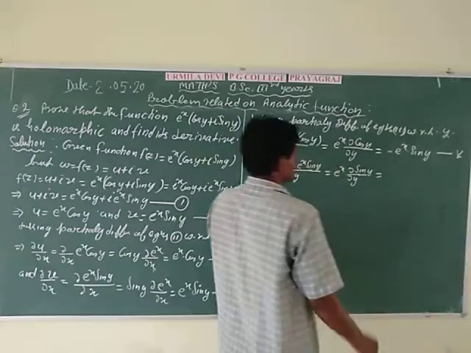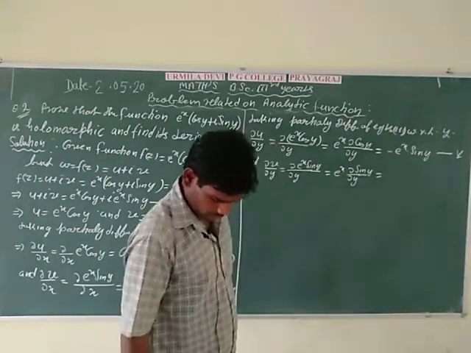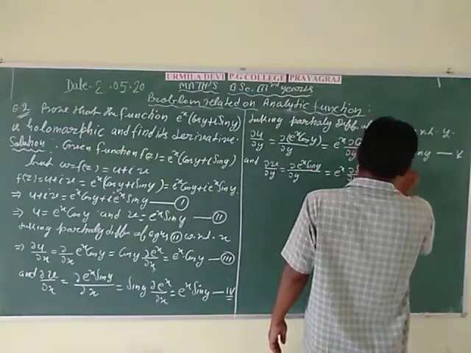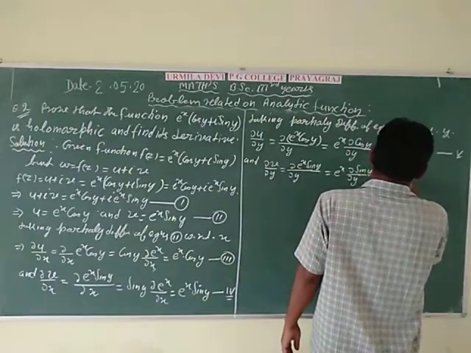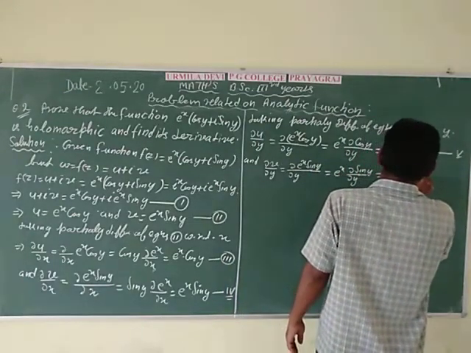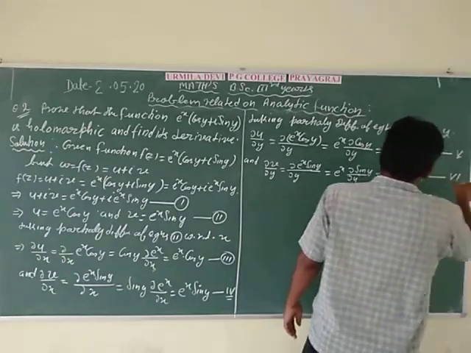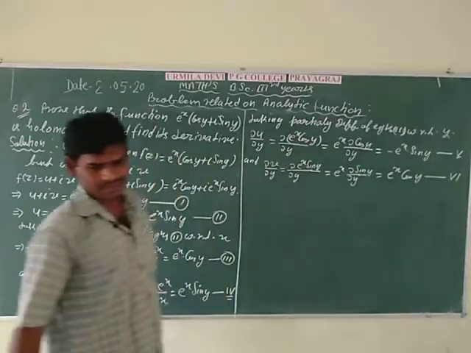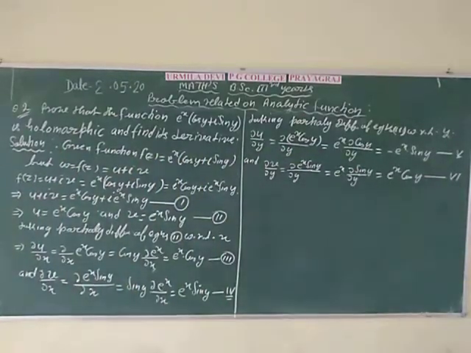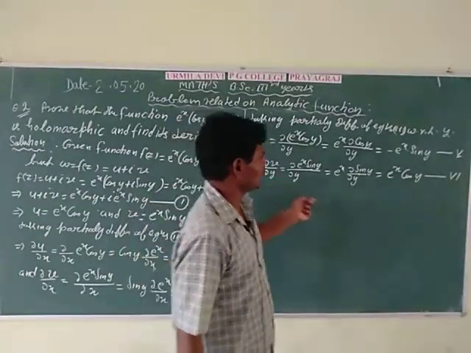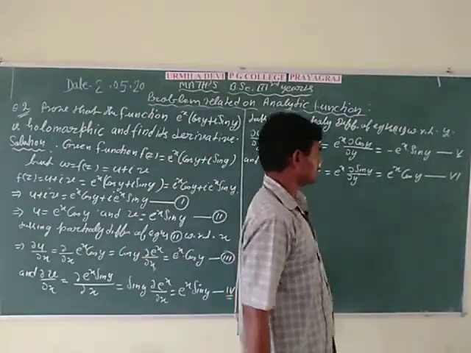Differentiation of sin y is equal to cos y by differentiation rules, therefore it is equal to e to power x cos y, represented by equation 6. So in equation 6, the value of del v by del y is equal to e to power x cos y.